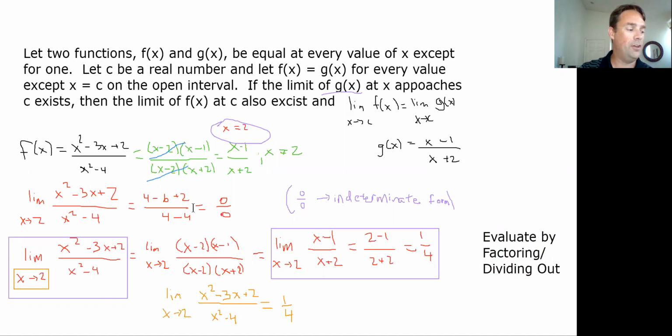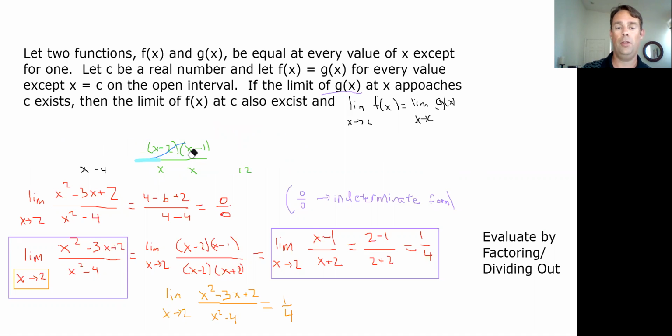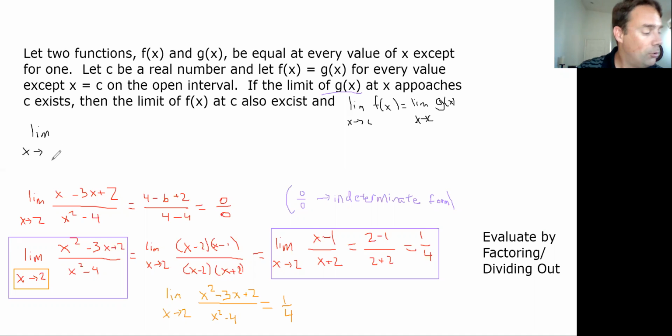So let me give you another one that you'd have to go ahead and see if you can do, this idea of evaluating by factoring out. So remember, first prove that it's 0 over 0, and then from there, divide and factor to make it something you can actually deal with. So here's your problem. The limit as x approaches, well, we're going to use negative 3 on this one.